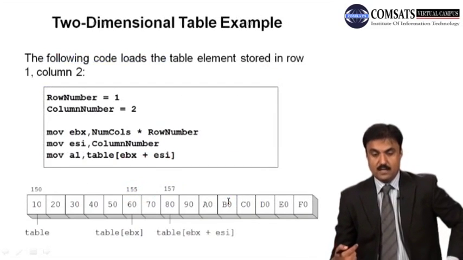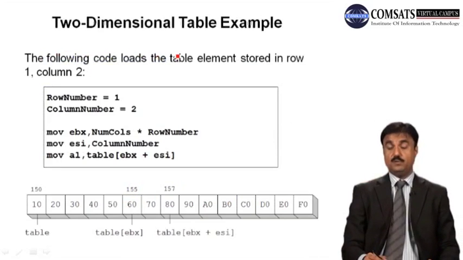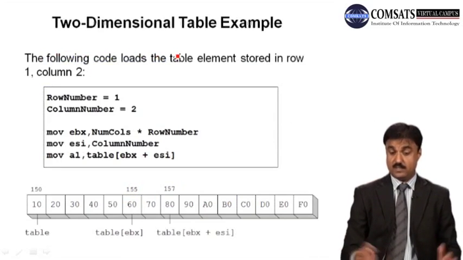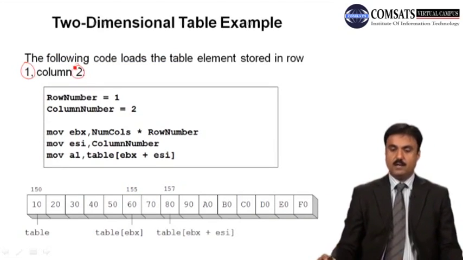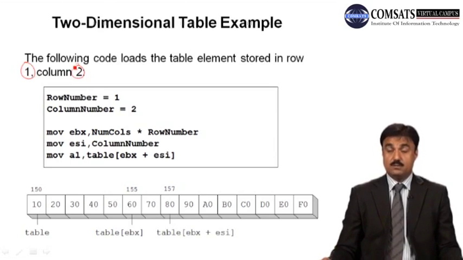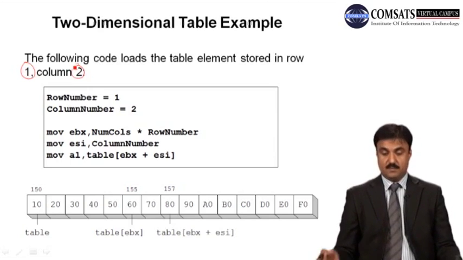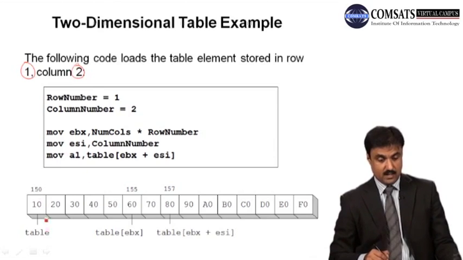In this example, we want to access the same table as you saw in the previous one. We have row index 1 and column index 2. From here to here is row index 0, and we have 1, 2, 3, 4, 5 elements.